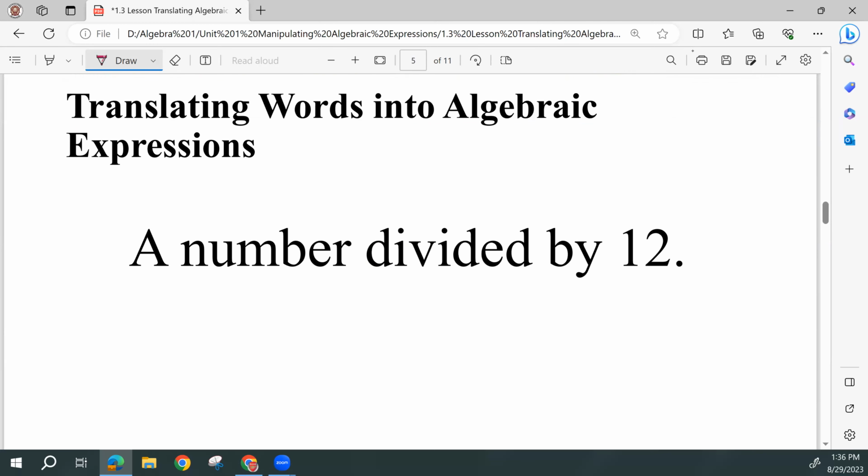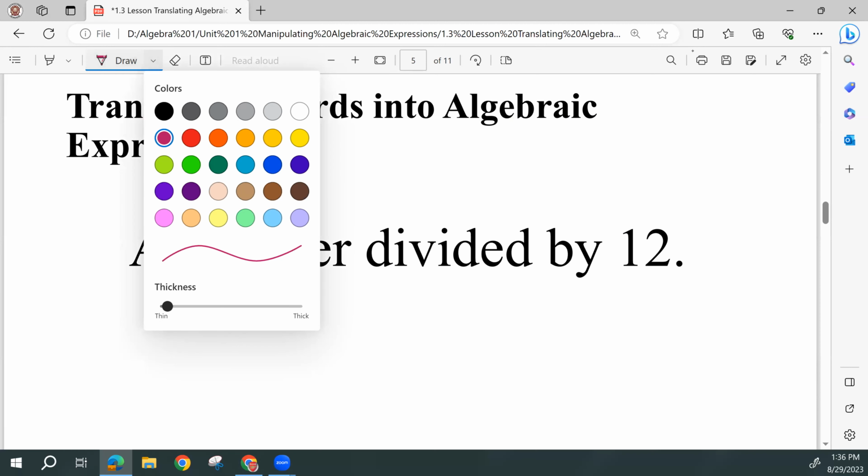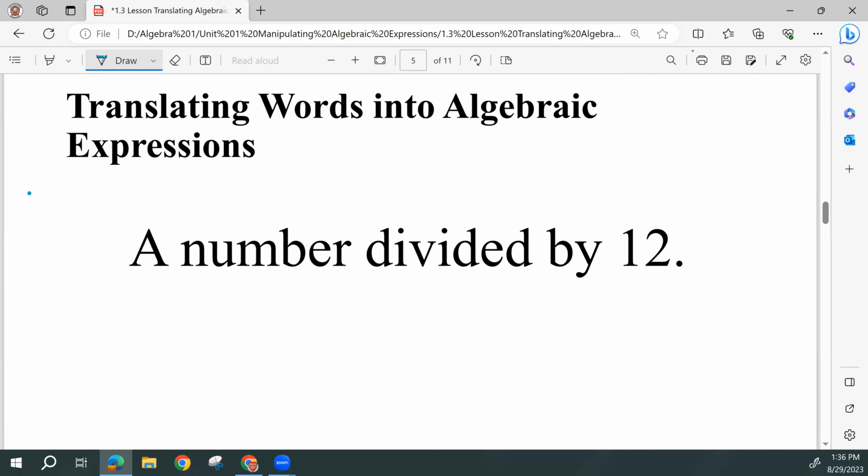So we'll start by taking a sentence in words and turning it into an algebraic expression. When we say a number, that means we're not being specific about what the number is. And so we are talking about a variable. So I'm just going to translate this by writing down what I see.